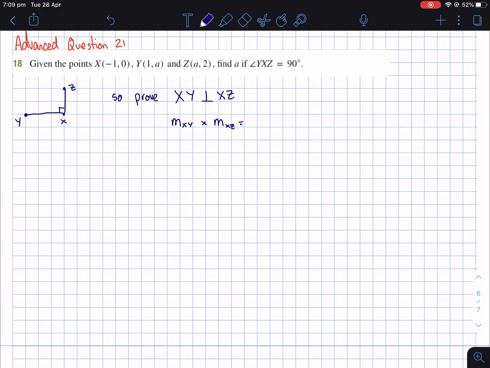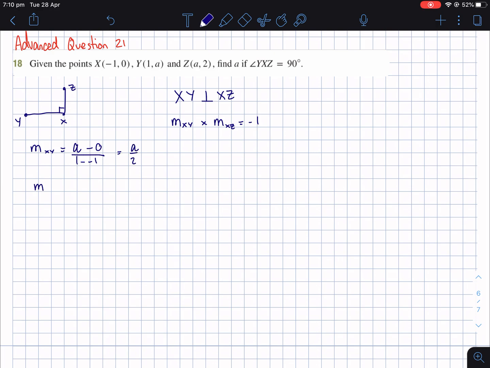XZ equals -1. So let's find the gradient of XY. So we've got A take... Oh, we're not proving this. We know this. So the gradient of XY is A take 0 over 1 take -1, which comes out as A on 2.